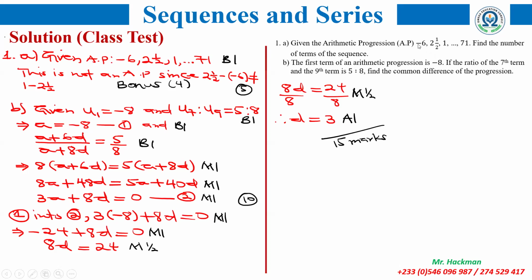Remember I told you, because this is an AP, anytime you know the type of sequence, if you want to get the common ratio, or in this case the common difference, just use two terms, because you know that the rest will be the same. So those of you who didn't verify and used only the first two terms will move further, and by so doing, you will waste your time.